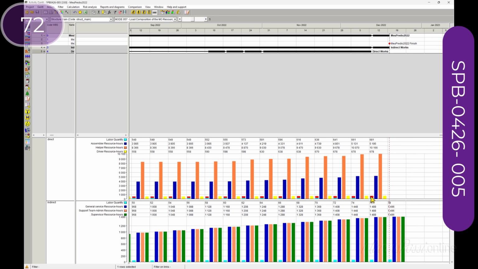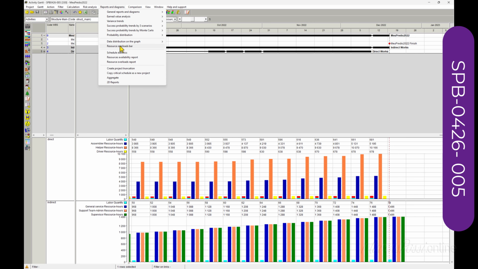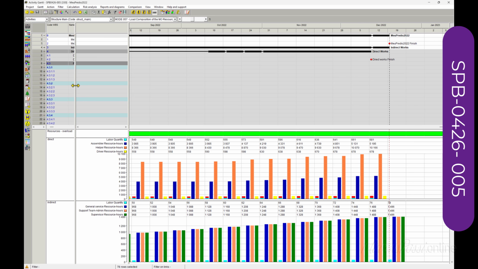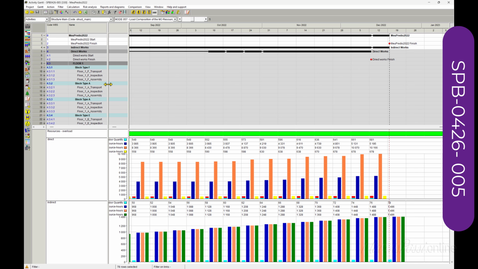But cumulative hours means that it is being over allocated here from a labor quantity. Okay, all the resources are okay, no red area indicating over allocation. Resource overload bar, no red lines here. There's something interesting when we have over allocation, but we'll see it in the next unit.